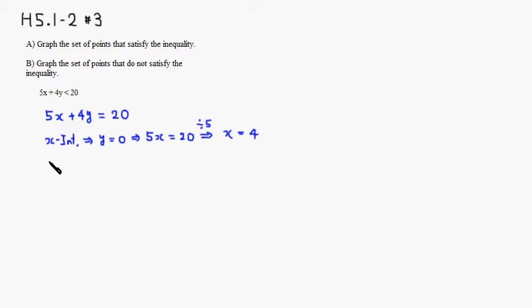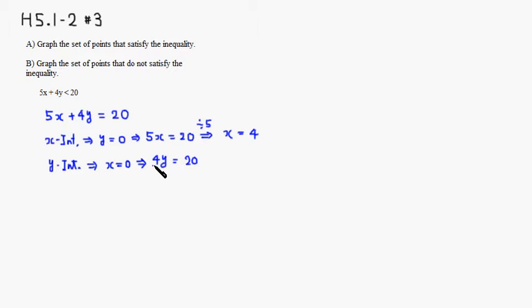How about the y-intercept? We're going to set x equal to 0, which means the first term is 0. So you have only 4y is equal to 20.